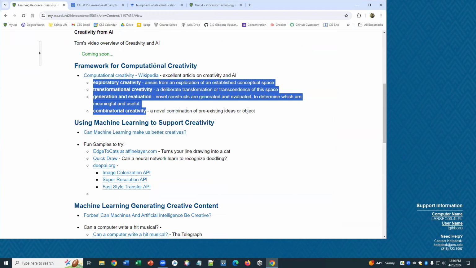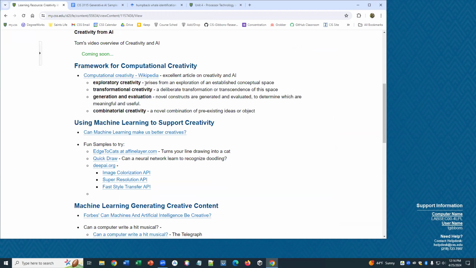One is exploratory creativity. This arises from exploring an established conceptual space. And I think this is what AI does a lot, and I think this is what a lot of beginning artists do. You look at a lot of art and then you combine that art, explore that art.